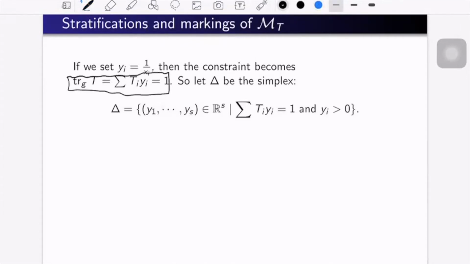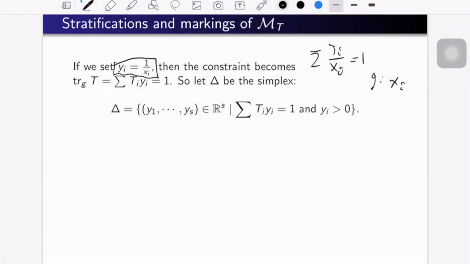So for the metric, that would be the summation of Ti divided by Xi equal to 1, if Xi is a metric. I do this for the inverse of the metric. So I just replace Xi by Yi, and now the constraint simply becomes a linear constraint.